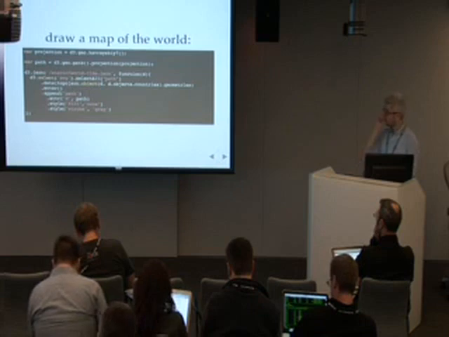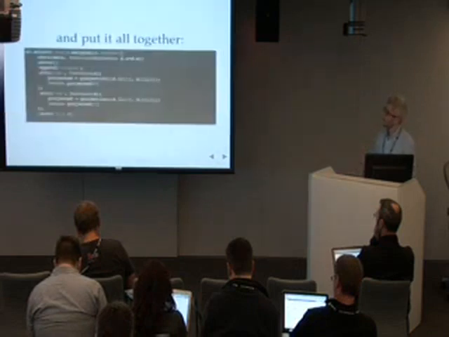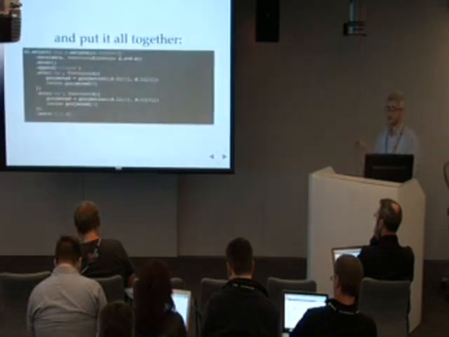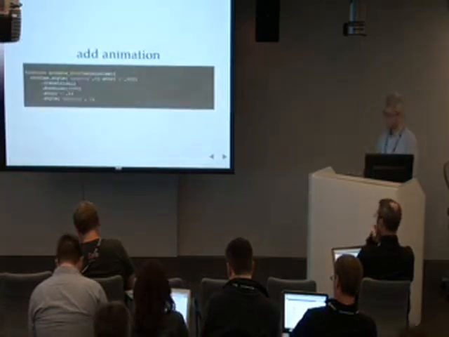We drew a map of the world, which was a way of talking about the projections and scales and paths. And then we put it all together by using the projection that we'd built up before to map the latitude and longitude in the data onto the space of pixels. And then we added some fancy bling.